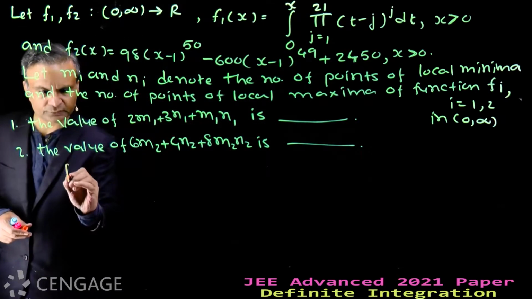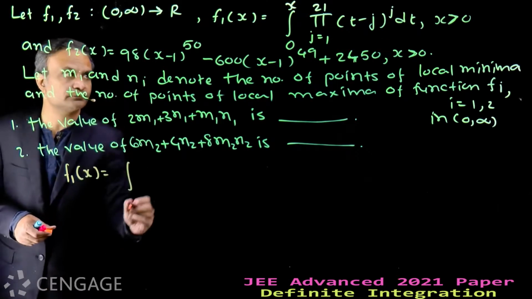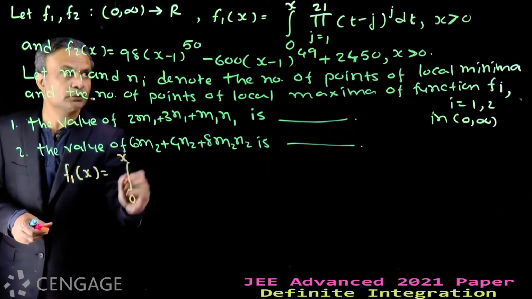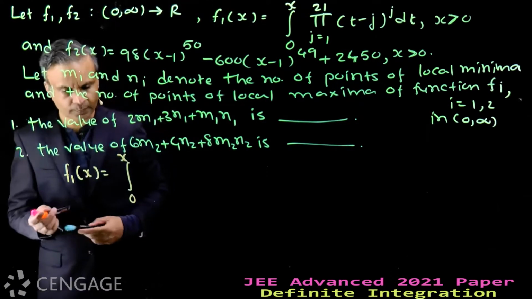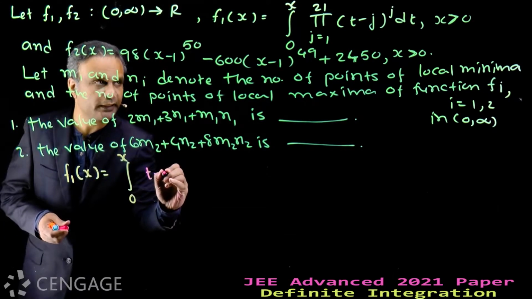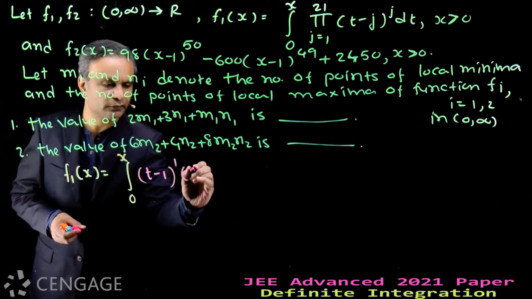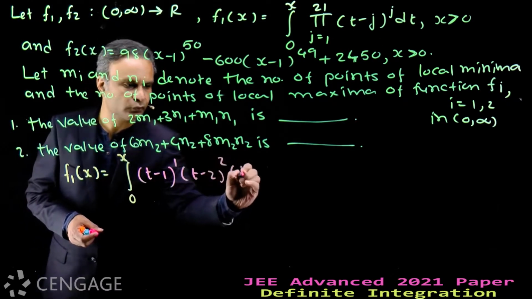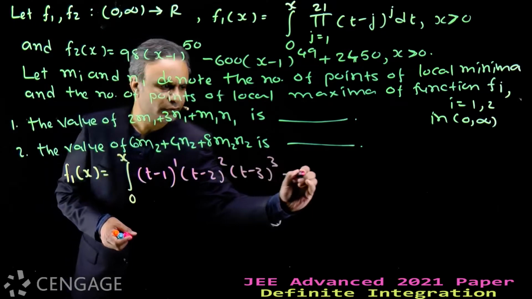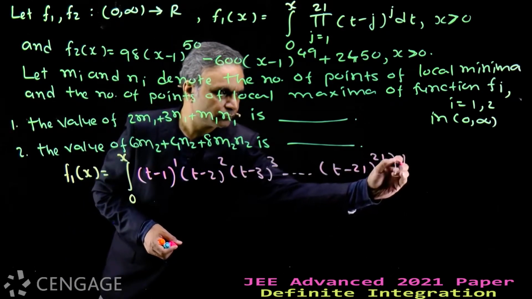What is f1(x)? f1(x) is the integration of the function. We have the integrand (t minus 1) power 1, then (t minus 2) power 2, (t minus 3) power 3, up to (t minus 21) power 21.